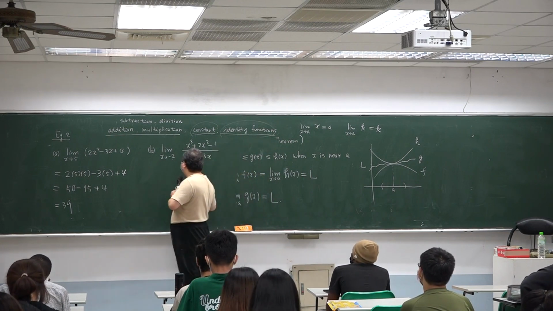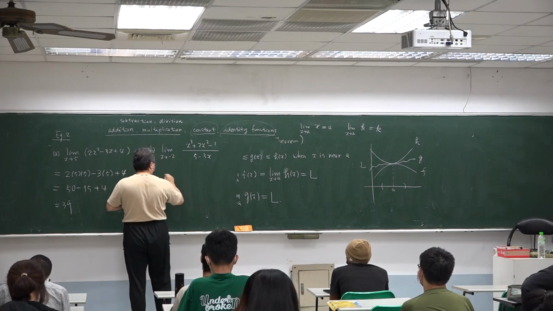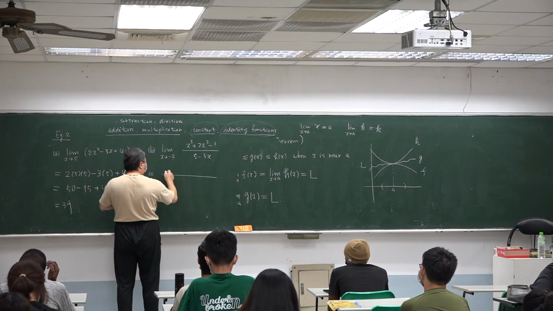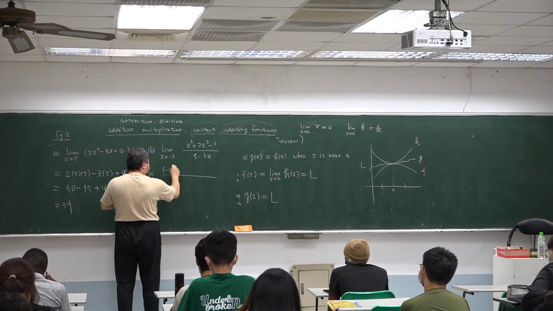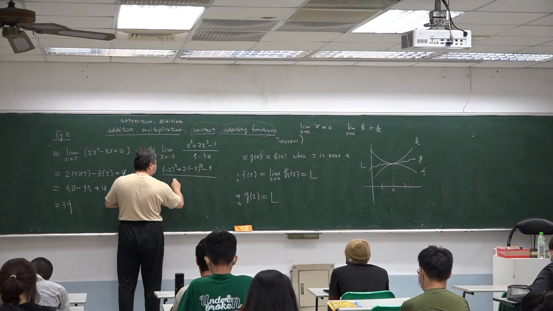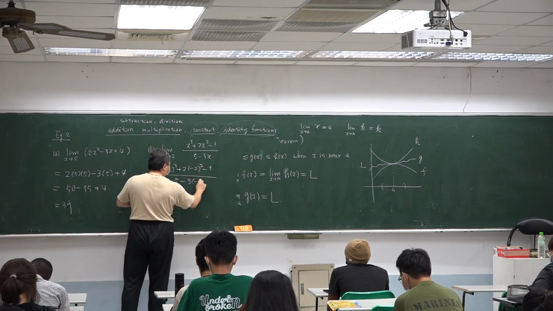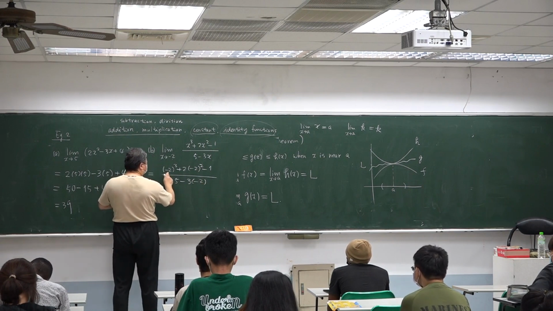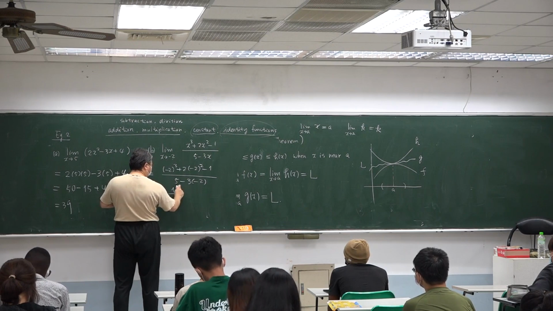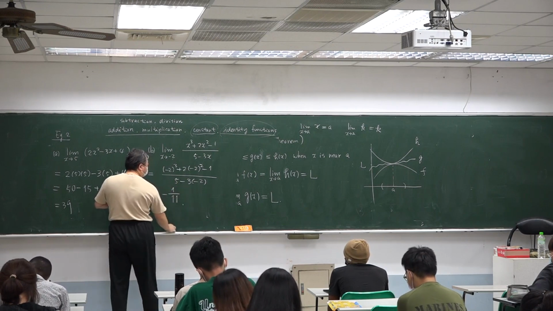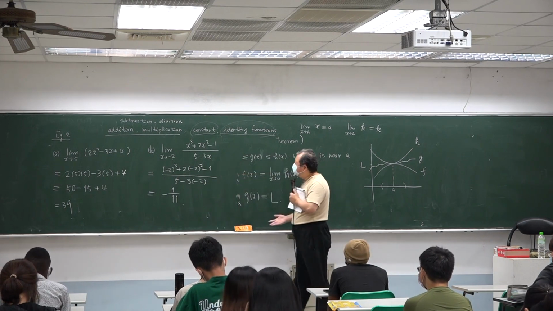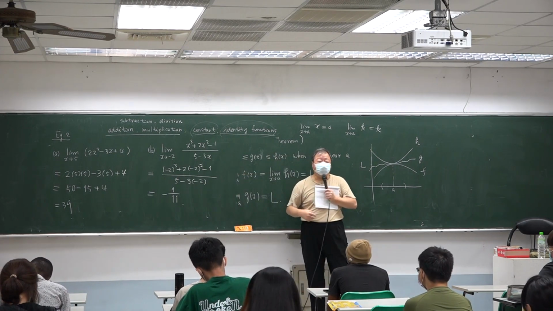So if the denominator is non-zero, according to the limit law, we can evaluate this one by direct substitution. Let x be minus 2. 8, minus 8, 8 canceled. And this is 11. Okay, so the limit laws help us to find limits. Okay, take a break.